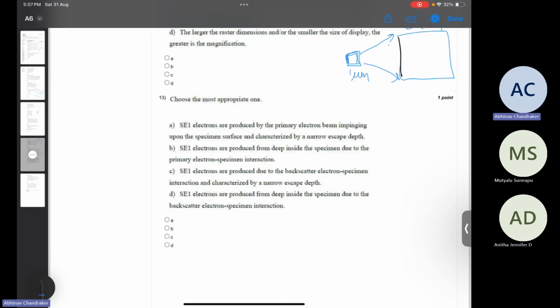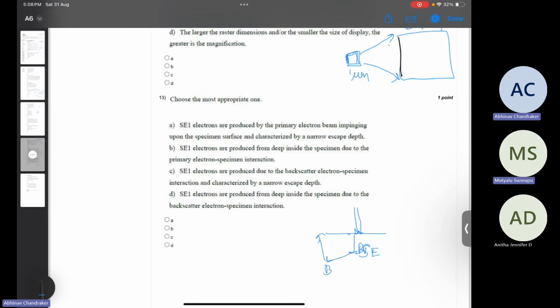So, you understand SE1 electrons? Little bit. So SE1 electrons are those which are generated by the primary beam. When you have a primary beam, there can be some BSE electrons which are backscattered at high angles.